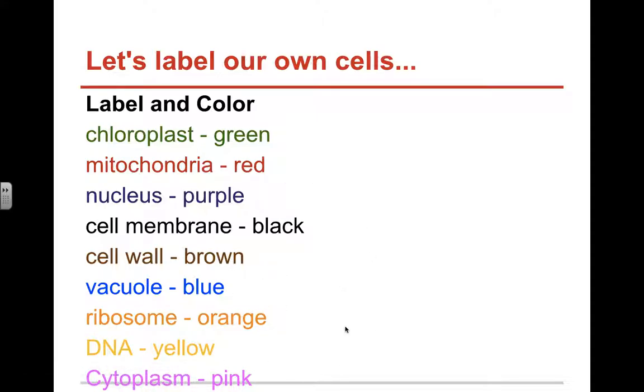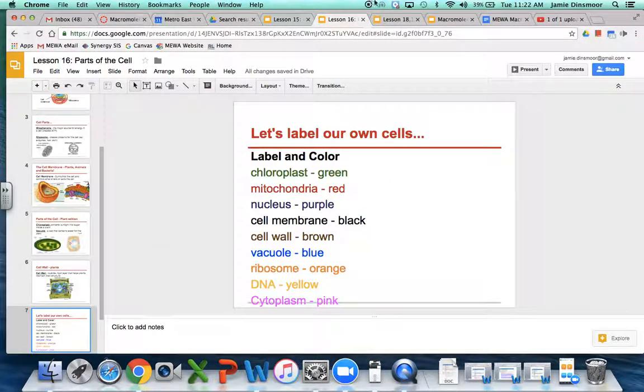I will upload this onto Canvas and include blank cells that you could print out and color so that you can see the similarities and practice labeling and coloring. Right? If you would prefer to just print out already colored and labeled cells and just study them, that's fine. That's up to you. But the acts of actually labeling and coloring may help you remember some of these structures and what they do. All right, so that has been our mini lesson on parts of the cell.